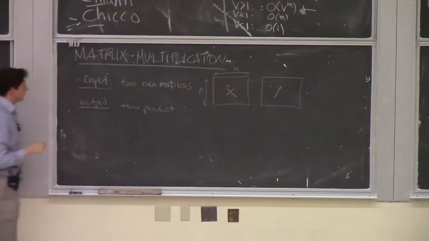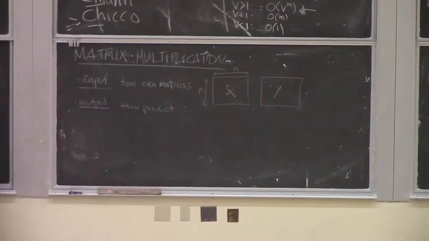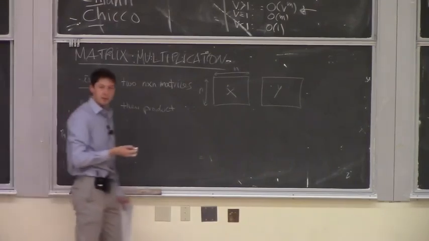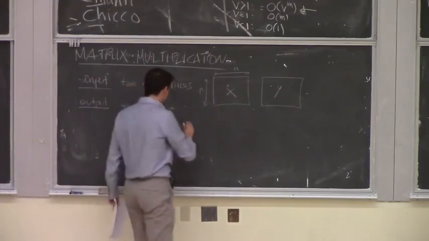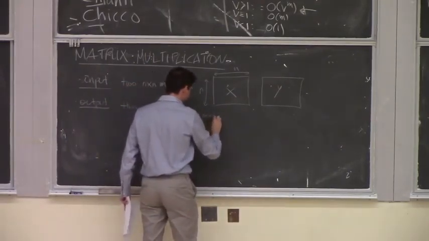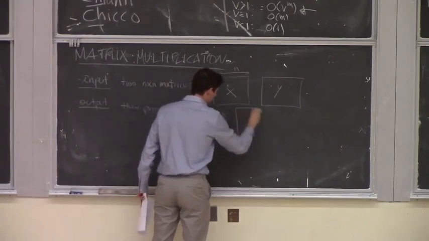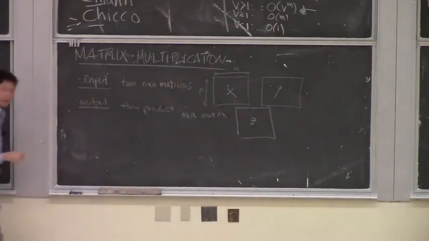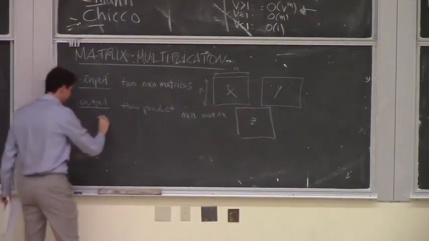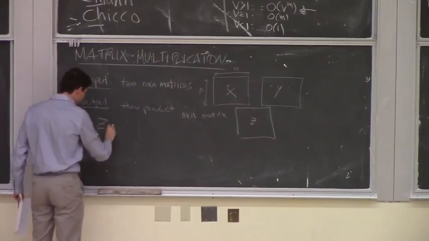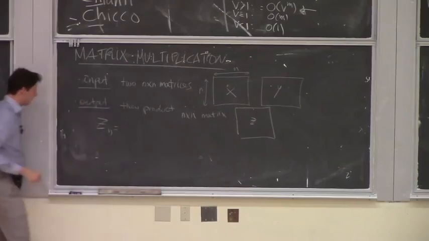So what is the product of two matrices? Syntactically, a matrix. Okay, so how big is it? Also n by n. Let's call it Z. And what is the definition of Z? If I look at the ijth entry, what do I find there?